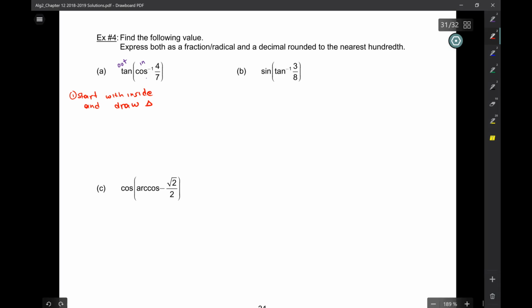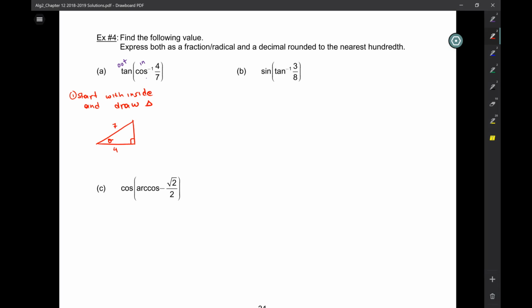We're going to draw a right triangle, and we're going to call one of the angles theta. Now, this inside is telling me that there is this mystery angle, and the cosine of it is 4 over 7. What's cosine? Is it adjacent over hypotenuse? That means the adjacent over the hypotenuse is 4 over 7.